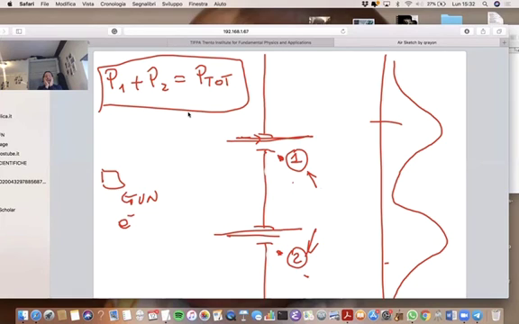Okay, I assume you're completely confused at this point. It's good to be. Didn't we say that the electron generated an interference pattern on the screen? We did say that, right?